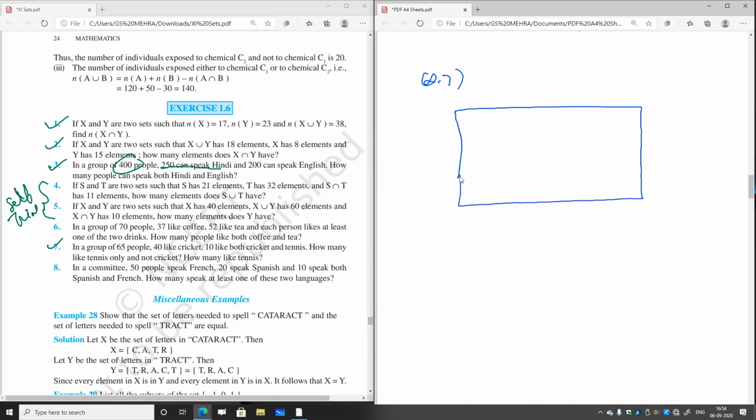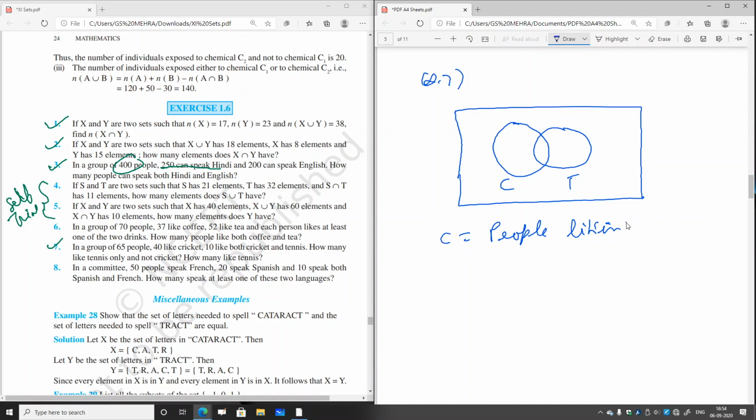So there are two kinds of people: one who like cricket and one who like tennis. So we'll draw circles. Suppose this is C and this is T. So C equals the set of people liking cricket.